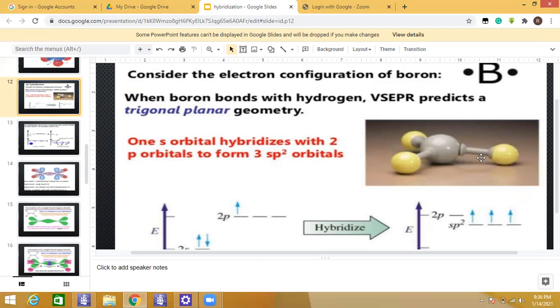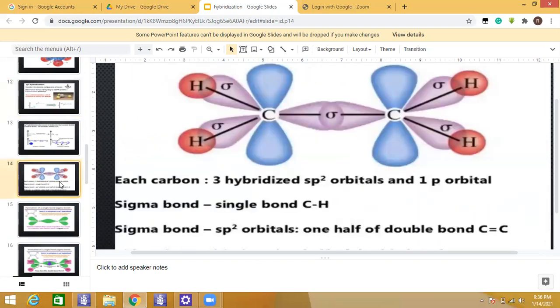So it predicts the trigonal planar geometry. So one s orbital hybridized with two p orbitals to form 3 sp2 orbitals in the case of boron trifluoride. So let's discuss its geometry.